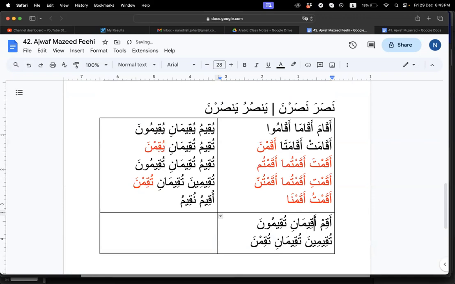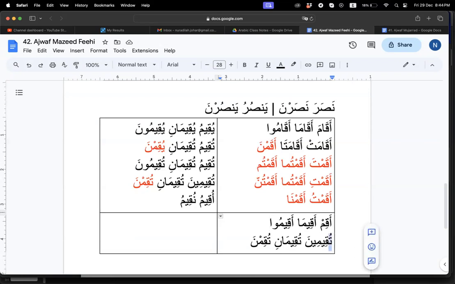So the rest will be aki. What happened to the nun? Remove the nun. So you get Akima. Next one. And then akimu. Yes. Akimu solah. This is the word. Next one.